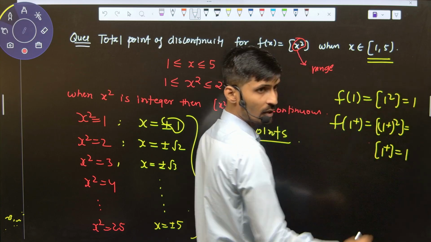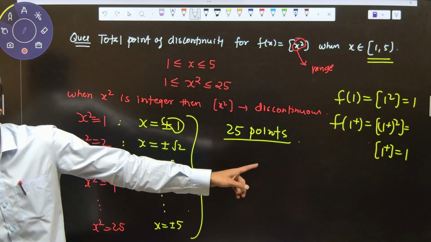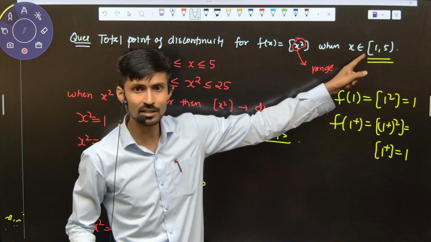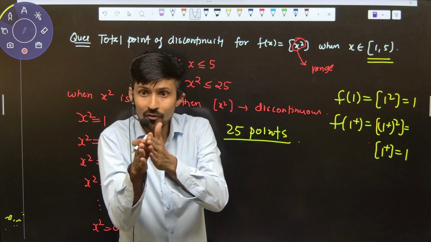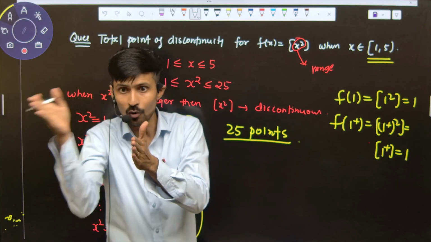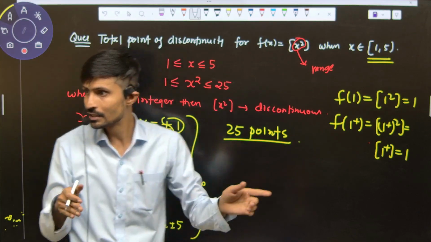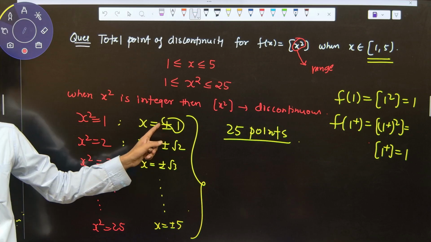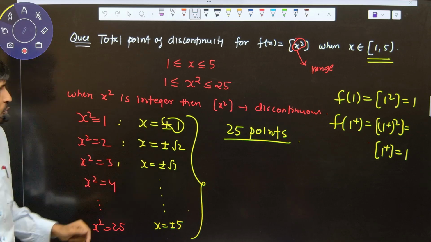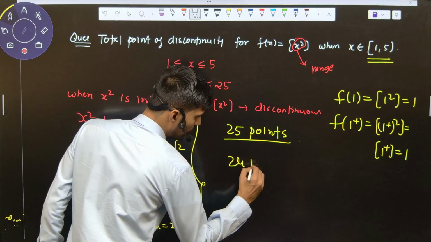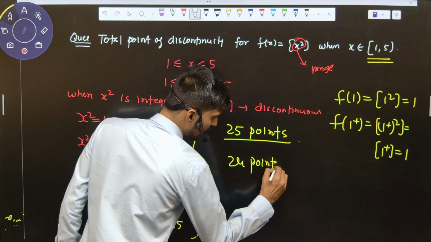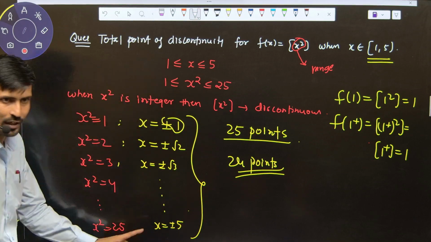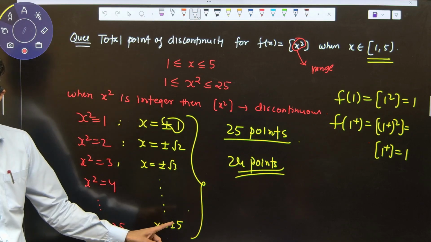Tell me, both are equal or not? We cannot write 1 minus. Why? Because 1 minus is not in the domain. We are saying after 1 you have to consider. Before 1 you cannot go. It means 1 point we will lose from here, that is plus 1. Understood? Okay? So total 24 points.